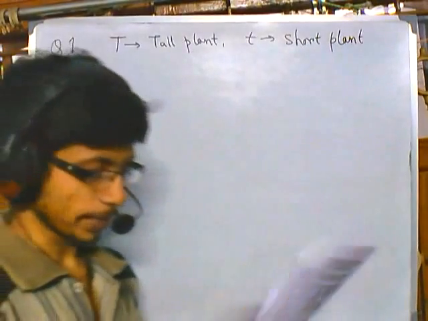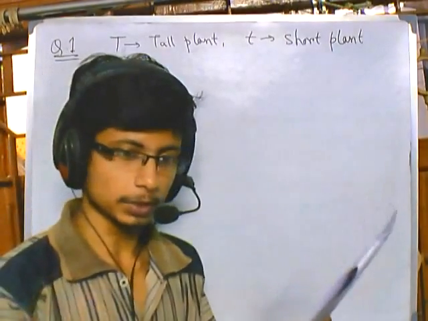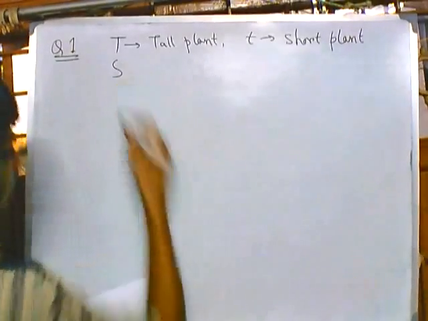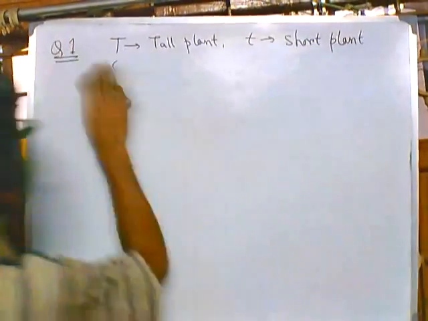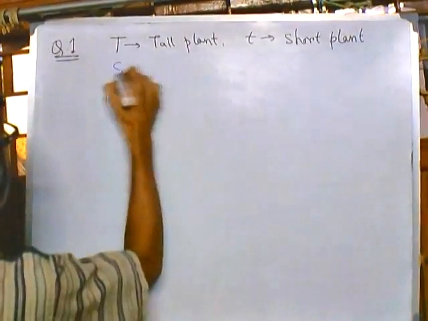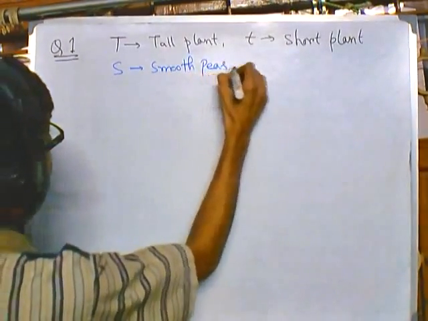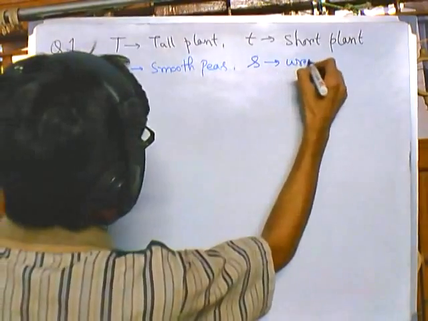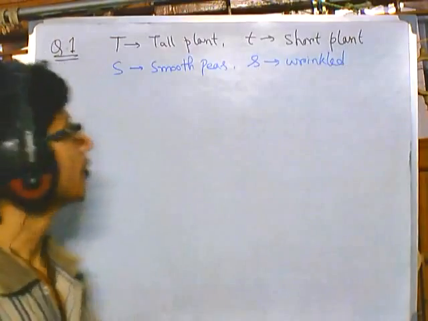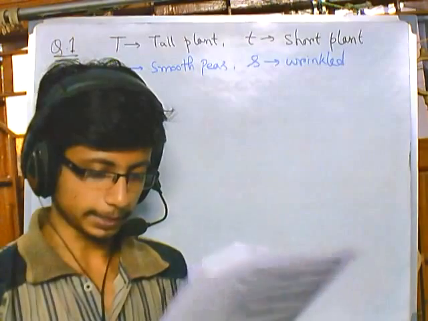The gene for smooth peas is capital S, which is also dominant, and for wrinkled peas it is small s. Let me use a different color here. So capital S is smooth and small s is wrinkled. So we have two characters and two alleles for each character, so four different alleles here.